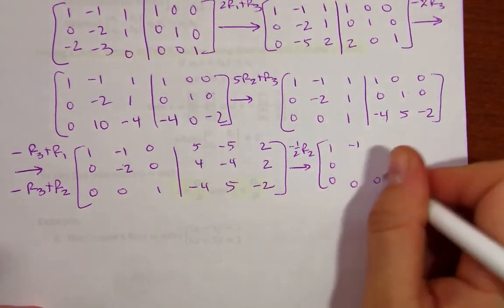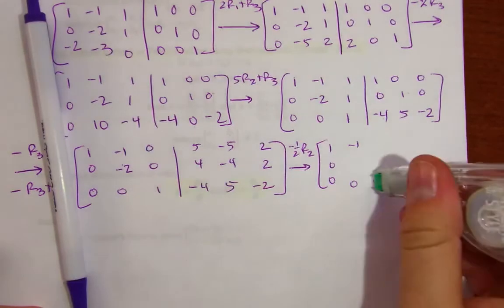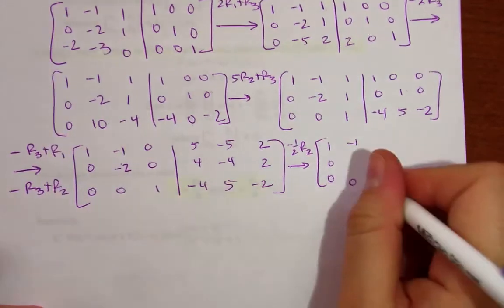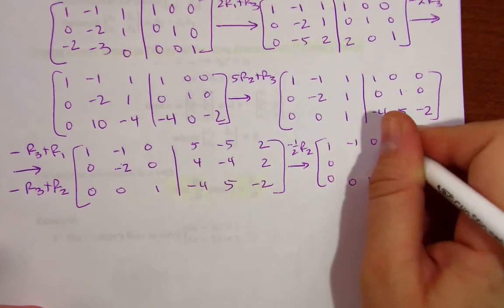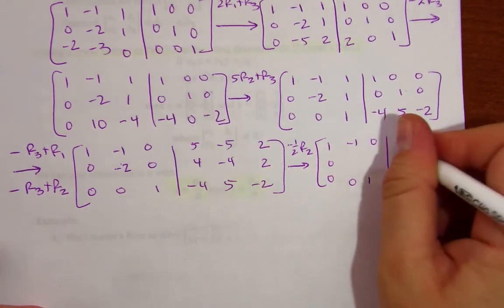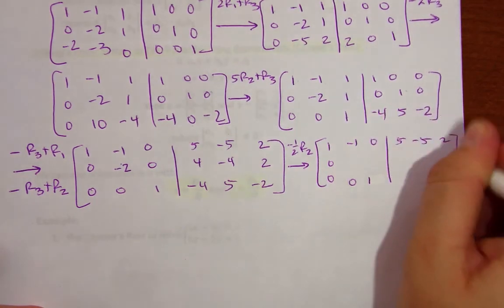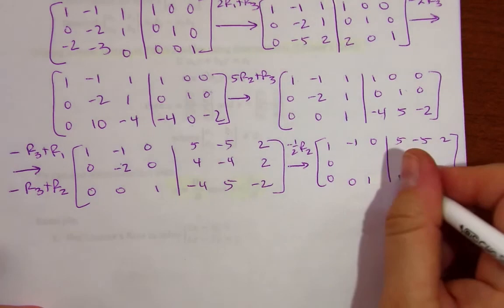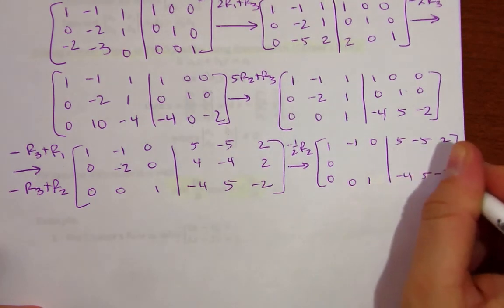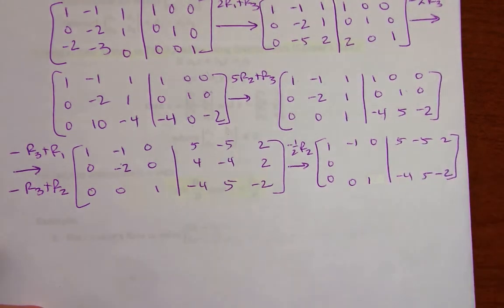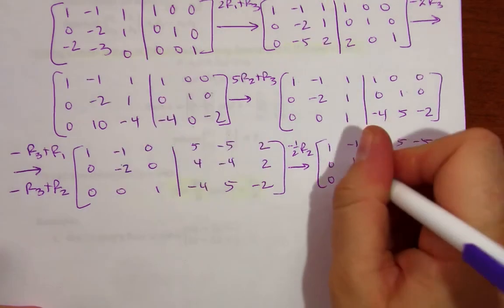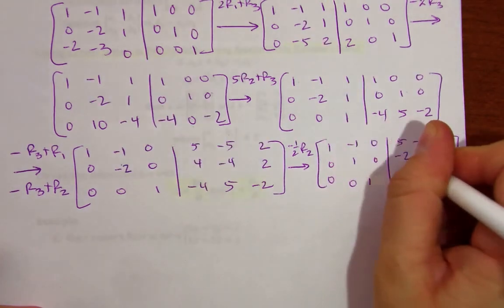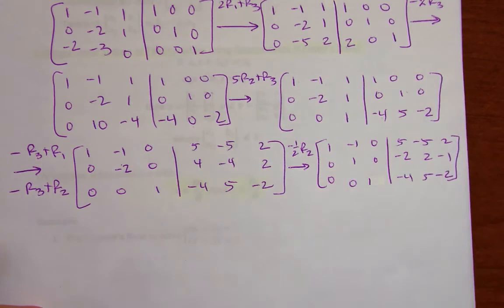I'll just go ahead and copy these rows because they're not changing. And this row is the only one that's changing. This becomes a 1, 0, negative 2 to negative 1.